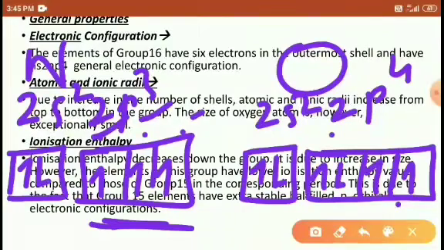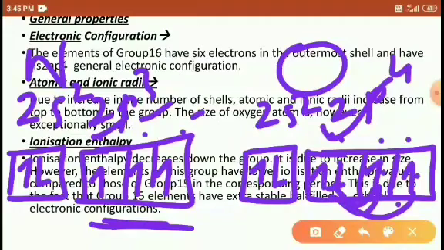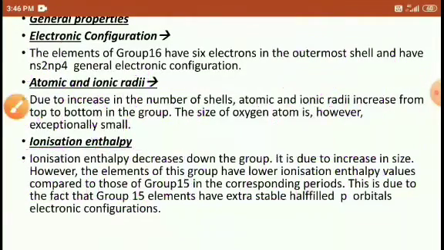But in oxygen, when you compare px with py and pz, the px is full-filled and the py and pz are half-filled. This causes repulsion: the full-filled orbital causes greater repulsion here, while the others have equal repulsion. So that's why oxygen has the lower ionization enthalpy and the nitrogen group has the higher ionization enthalpy. Right, students?